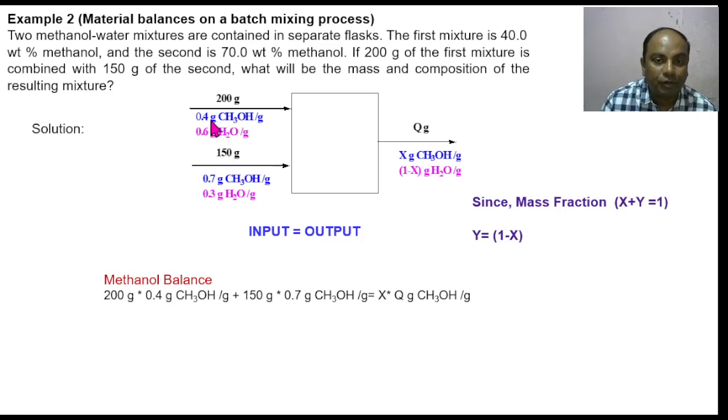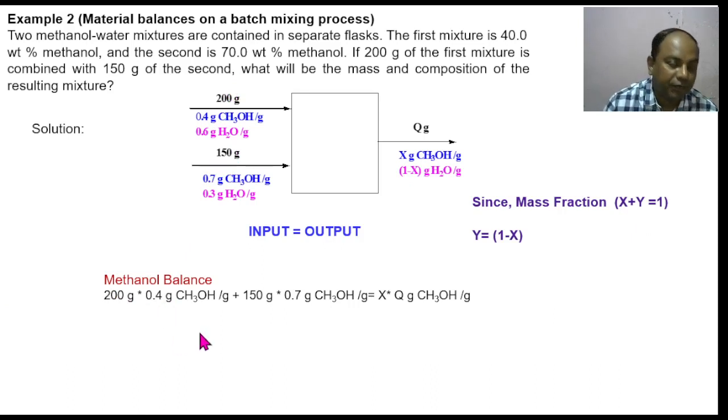So the amount of methanol, or the mass fraction of methanol multiplied by the total mass of the mixture in the first flask, comes as 200 gram into 0.4.